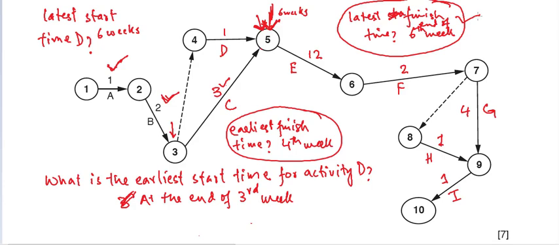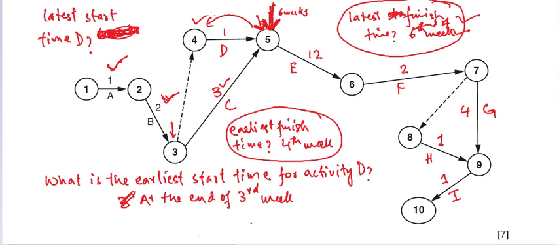So this is the latest finish time, which means what would be the latest start time for activity D? So this cannot be the latest start time. Sorry, I was wrong about this. If activity D has to end by the end of the 6th week, it takes 1 week, right? So going backwards, this is called the backward pass.